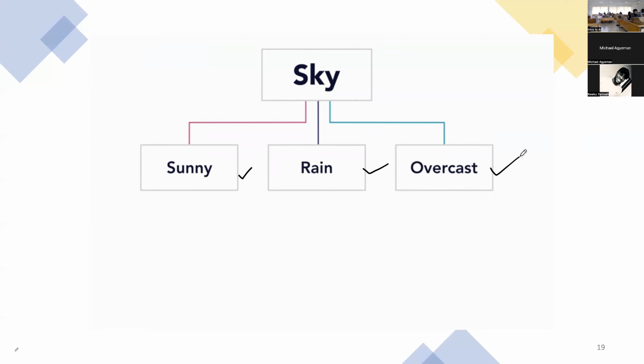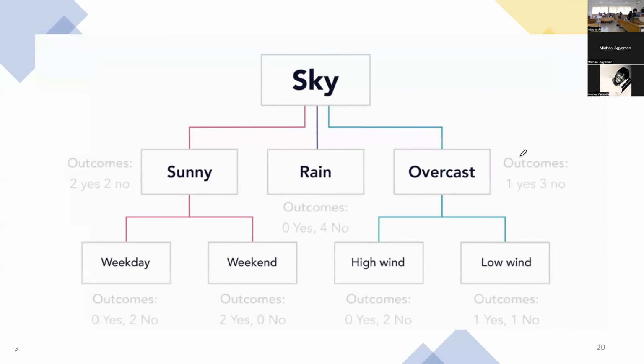Okay. So we just break it down more. You can see the boxes around them. We've got sunny, and from sunny we can look at whether it's a weekend or a weekday.